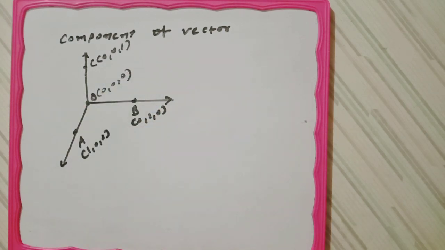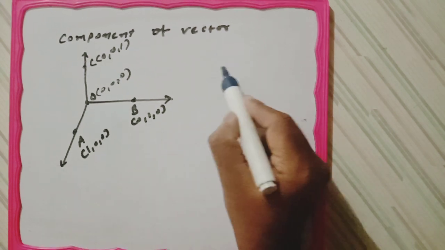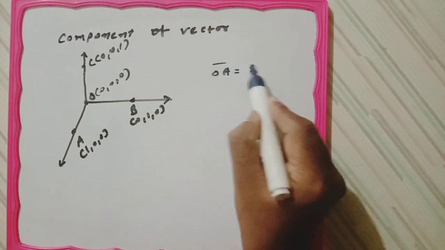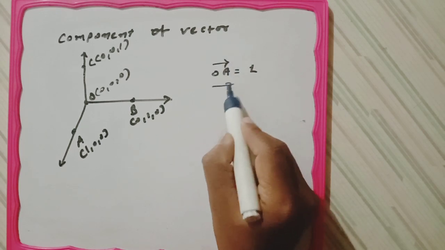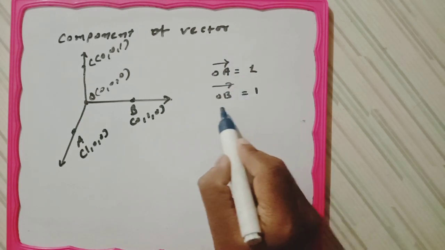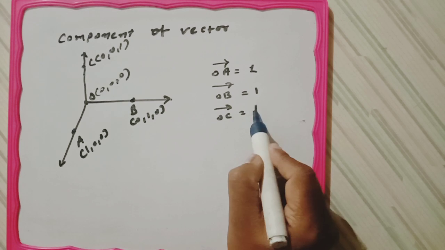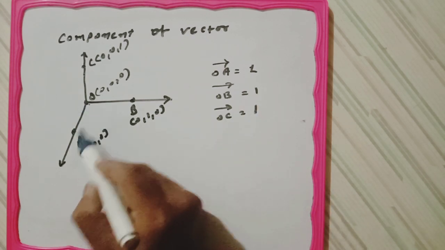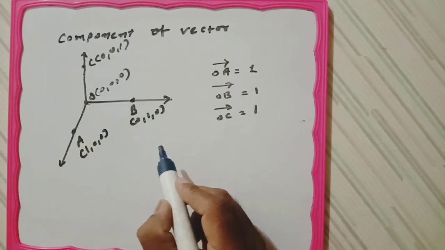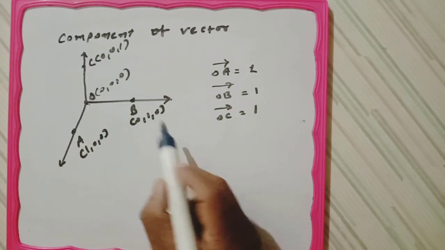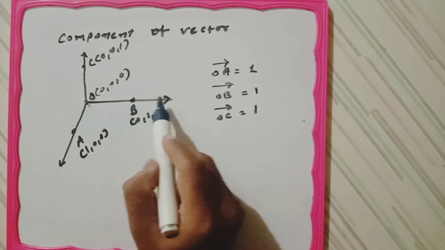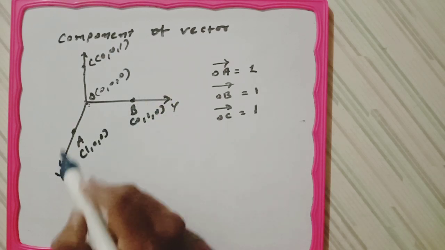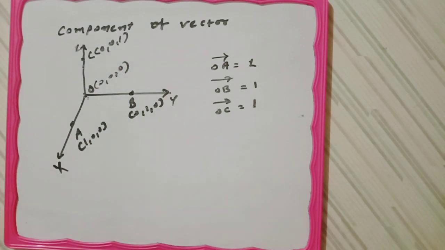Then the magnitude of OA equals 1, the magnitude of OB is 1 and the magnitude of OC is 1, and so we can say that OA, OB and OC are unit vectors along the OX axis, OY axis and OZ axis.